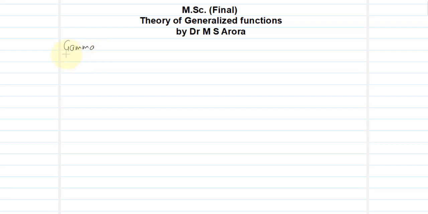So first, let us have a look at what the gamma function is. What you have studied earlier is the definition of gamma function. As I already told you, this definition is for real numbers, and moreover it is valid for positive real numbers only, and the definition is in the integral form.